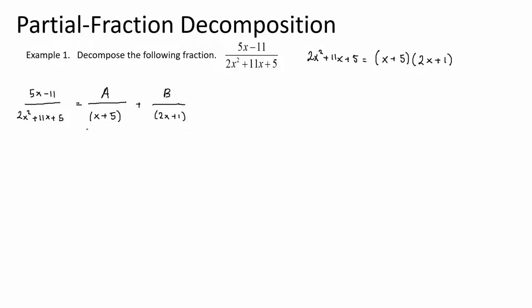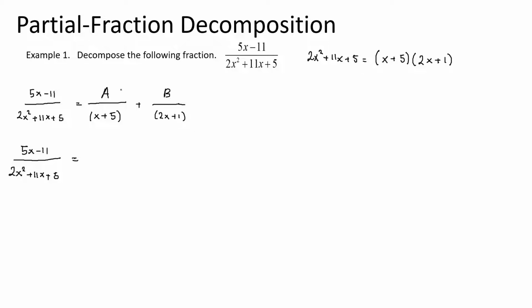To figure out the partial fractions, now all we have to do is solve for A and B. So on the left side, you will still have (5x minus 11) over (2x squared plus 11x plus 5). And on the right side, we're going to use a common denominator.